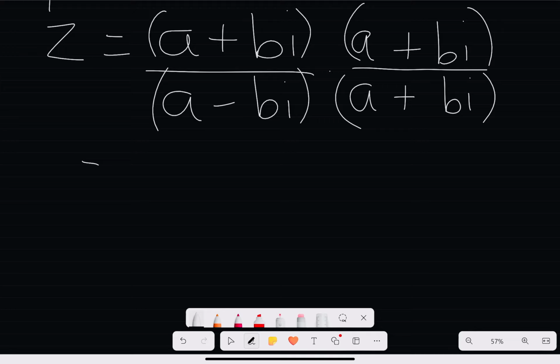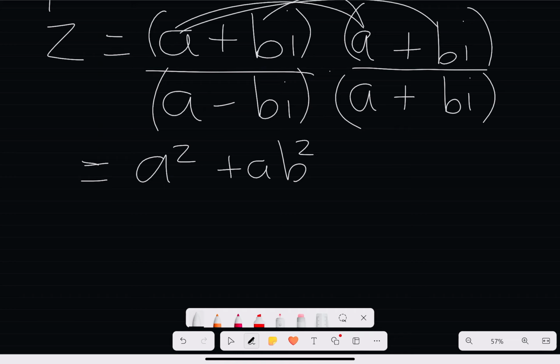Right. So now let's try to simplify this and see where we're gonna go. Remember, this will foil that, and this also foils that, and so on. Right. So a times a is a squared. A times bi is plus abi.